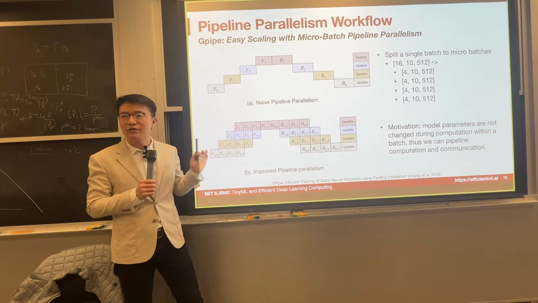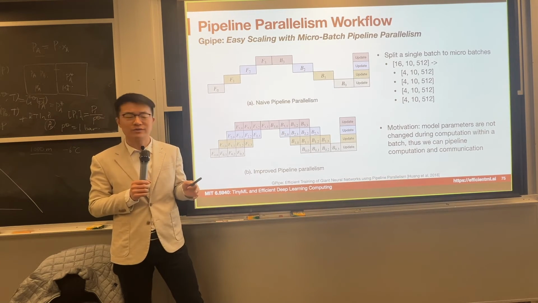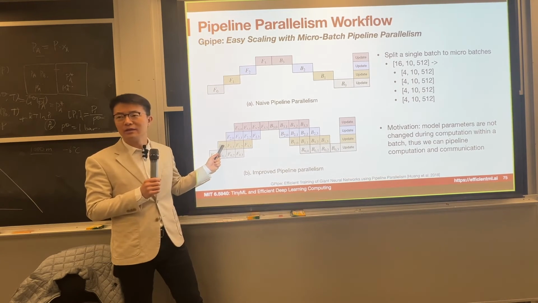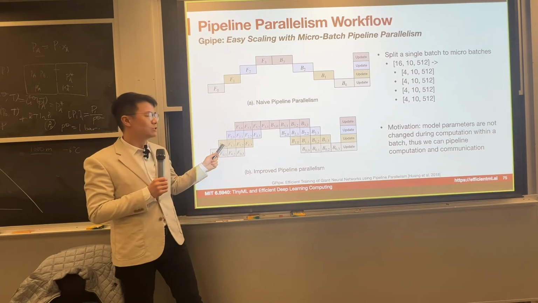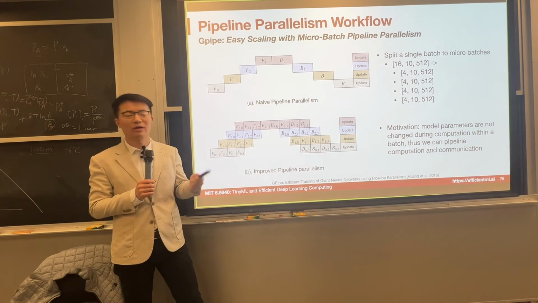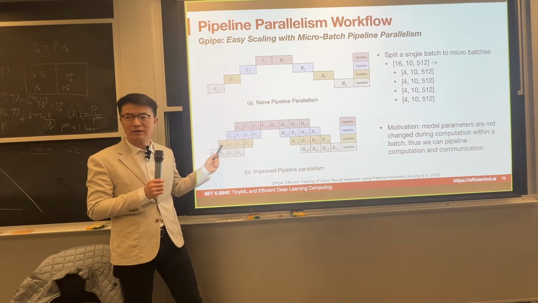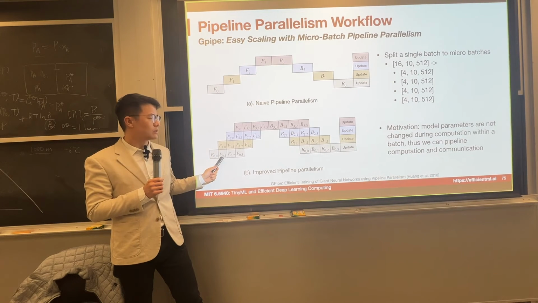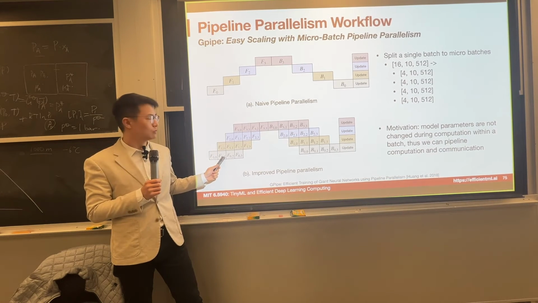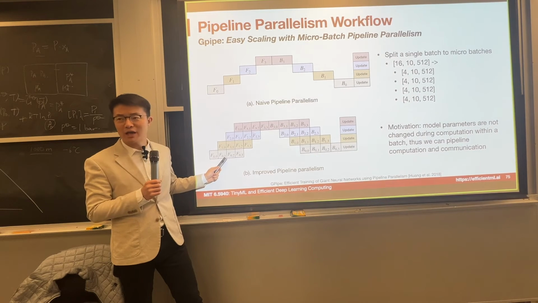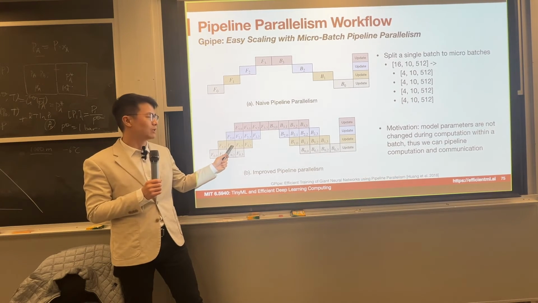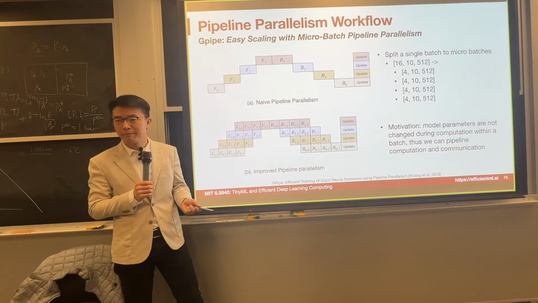As soon as it finishes the compute for batch 0, it can hand it to layer 1. So GPU 1 starts to calculate layer 1 of batch 0. Then when layer 0 of the second batch is also finished, it can hand it to layer 1.